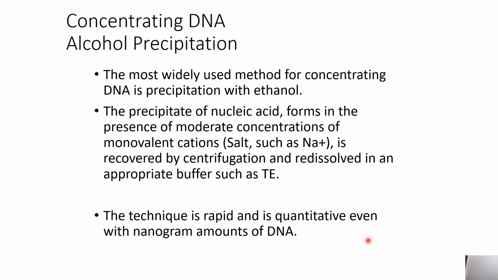The most widely used method for concentrating DNA is precipitation with ethanol. The precipitate of nucleic acid forms in the presence of moderate concentrations of monovalent cations, is recovered by centrifugation and re-dissolved in an appropriate buffer such as TE. The technique is rapid and is quantitative even with nanogram amounts of DNA.